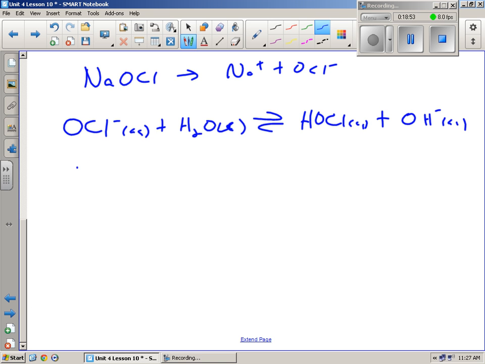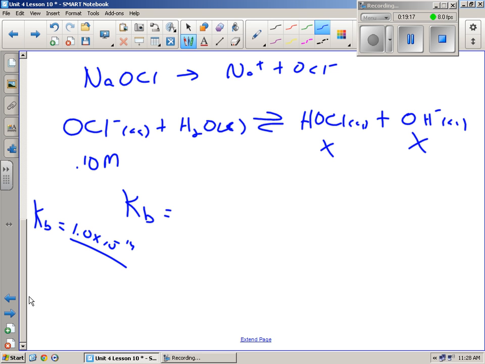And I think once again I got a 0.10 molar here, is that correct? Okay, X. Now, I need to use the Kb value because we're talking about a base here. So to get the Kb value, Kb equals 1 times 10 to the negative 14 over the Ka value of HOCl.